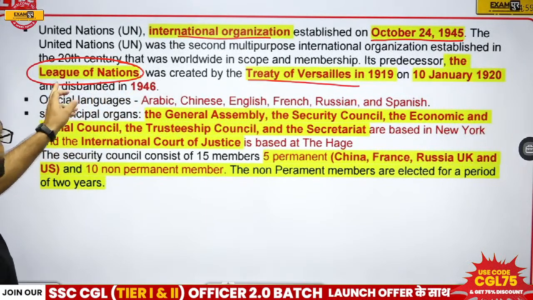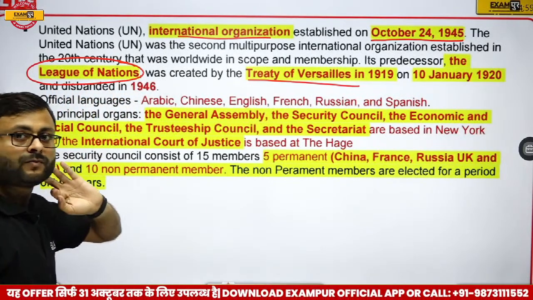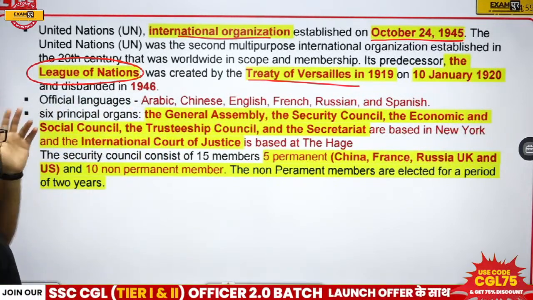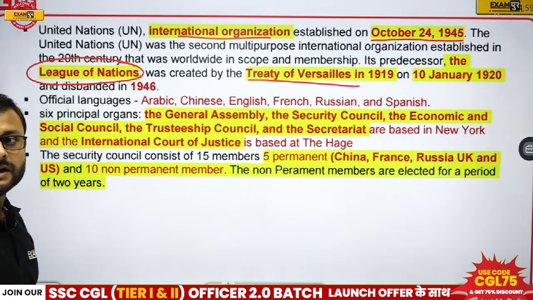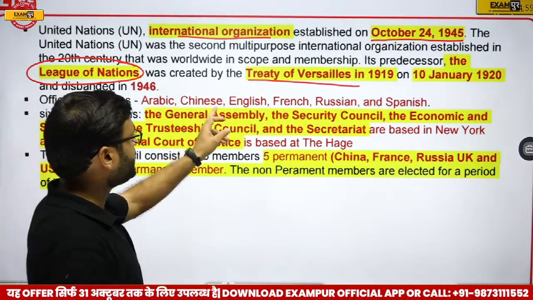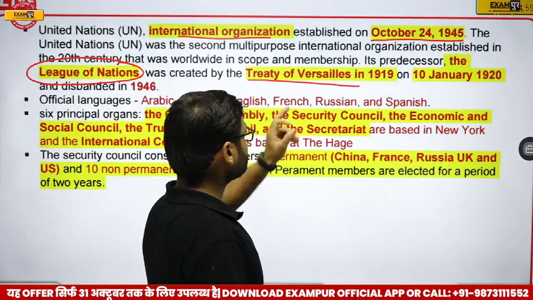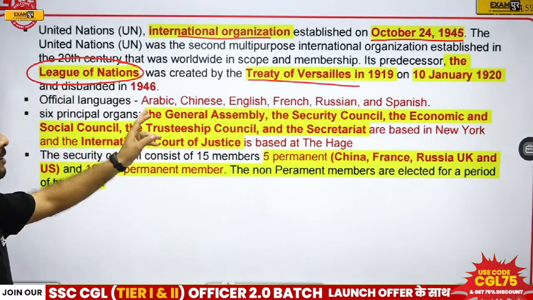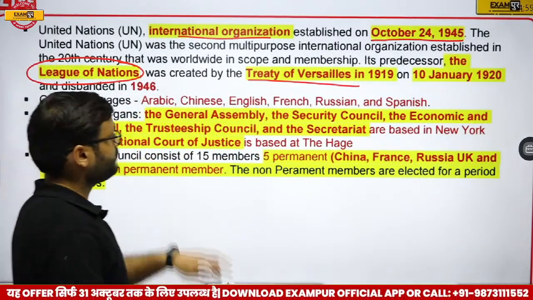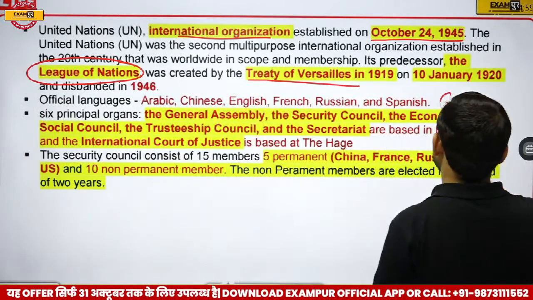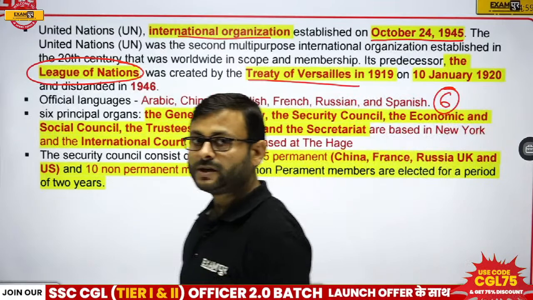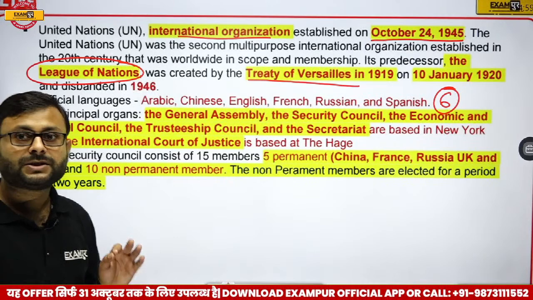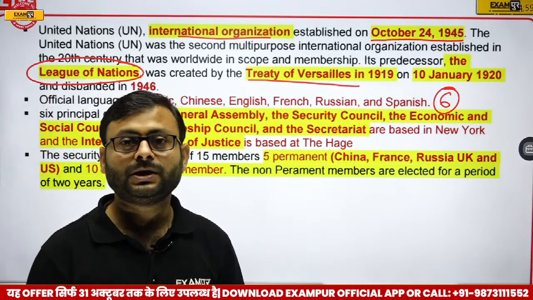The League of Nations was disbanded in 1946. And if somebody asks what the official languages of the United Nations are, there are 6 official languages: Arabic, Chinese, English, French, Russian and Spanish.